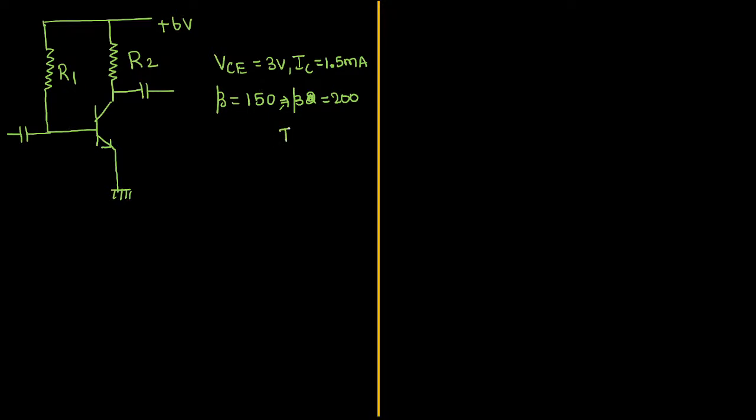Then what is the value of collector current IC and collector to emitter voltage VCE? That is the question actually.